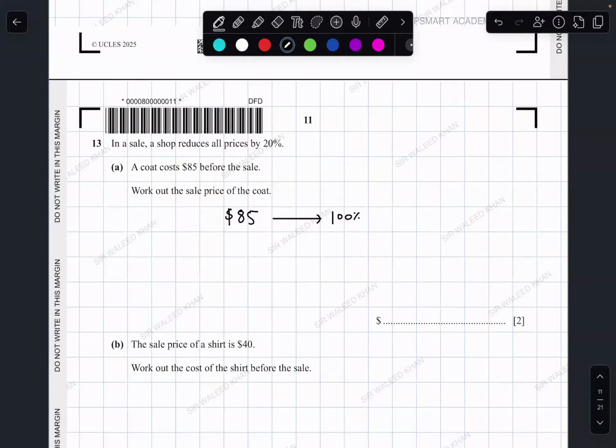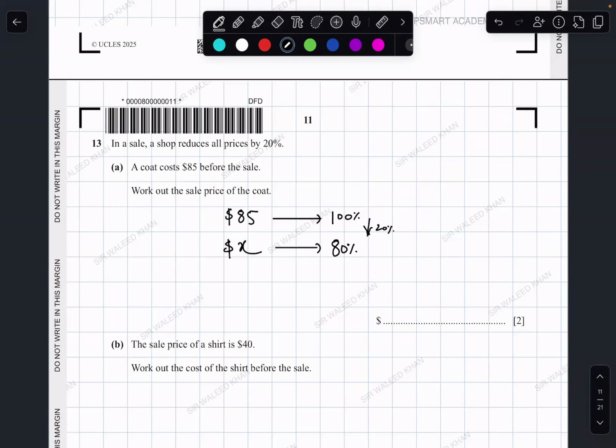And after that, the sale discount or anything will be represented with the adjustment in percentage. So they are asking for the sale price. We don't know that, but we know it reduced by 20%. So in 100%, a reduction of 20% is 80%.